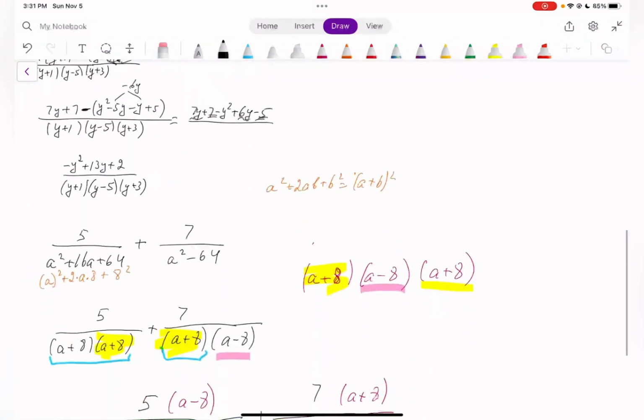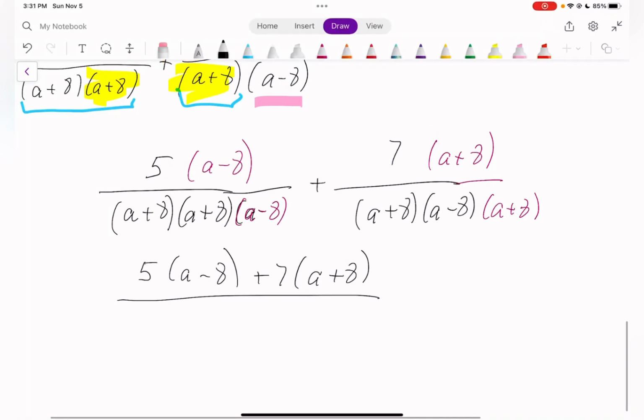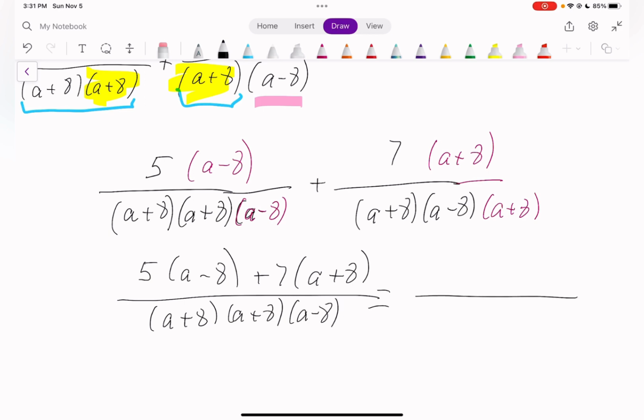A plus 8, a plus 8, and a minus 8. This is going to be equal 5a minus 40 plus 7a plus 56.